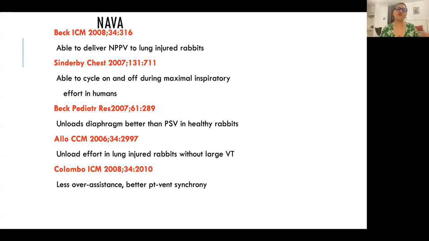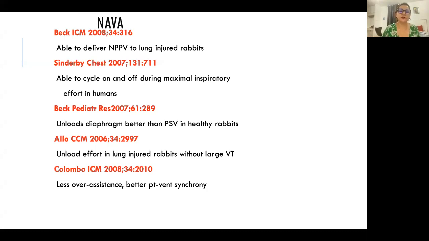Let's look at a few of the studies which we have. In 2008, a study on rabbits found that they were able to deliver this non-invasively. In 2007, it was seen that they were able to cycle on and off during maximal inspiratory efforts in humans.